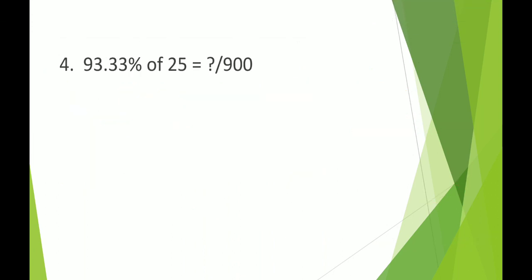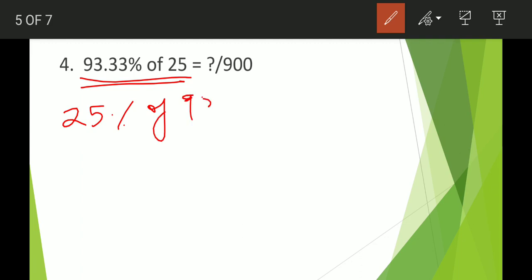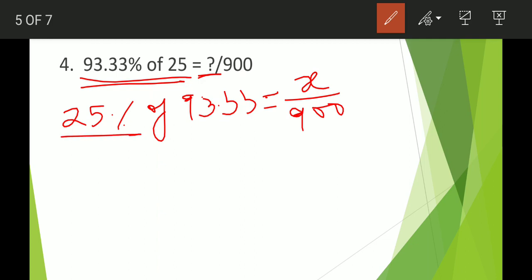Now move on to our next question. As we did in the second question, just interchanging the values, in this question also we can change it to 25% of 93.33. Again we are taking this question mark as x over 900. Now this can help us, as we know the fraction value for 25% is 1/4, and this 93.33 can be written as 93 1/3.